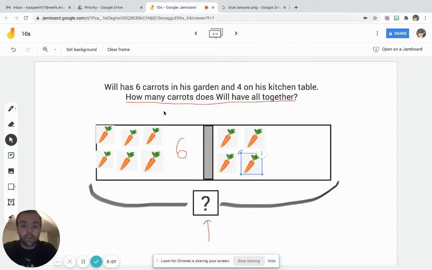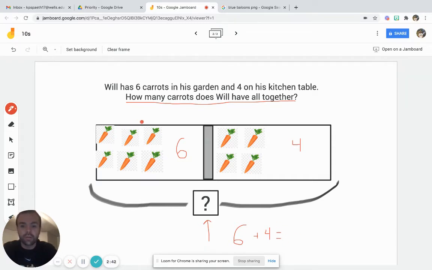We know we have 4 from the question, so we can write a number 4 in over here too. Now we have 6 over here and 4 over here, and we want to know how many we have all together down here. Another way we could write this is 6 plus 4 equals our total.